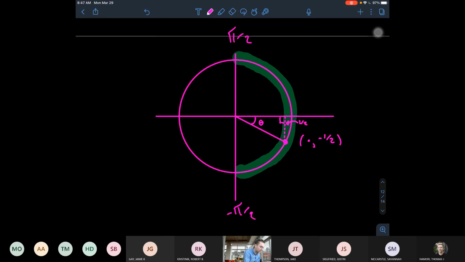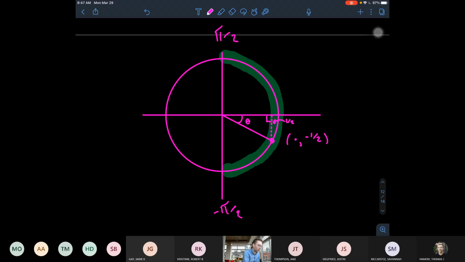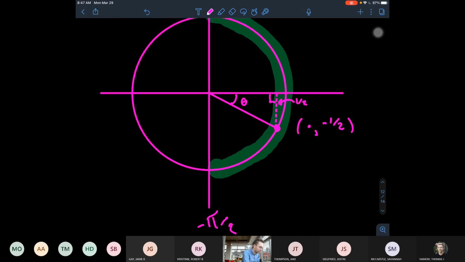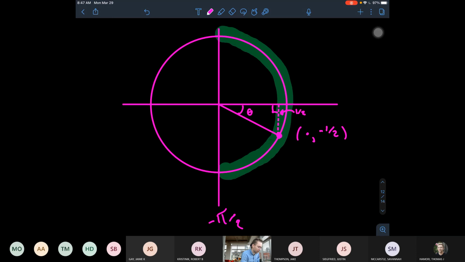What's the length of the other side that I know of this triangle, which is inside my unit circle? That's right, the radius. The line which goes from the center of the circle all the way to the outside of the circle is a radius. So I should exploit the fact that I'm working on a unit circle here. It has radius 1. So this length here is 1.